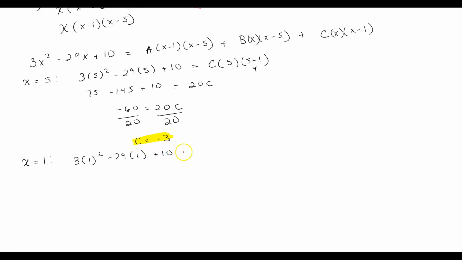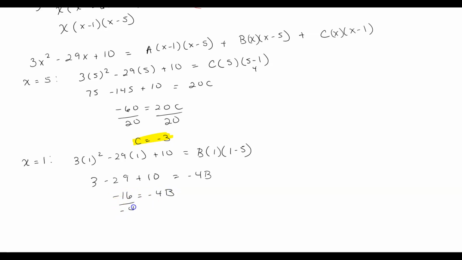All right, if we plug in 1, that's going to eliminate this here and this here. So we're just left with the b. All right, so we're going to say b times 1 minus 5. We have here 3 minus 29 plus 10 equals 1 times 1 minus 5, negative 4b. 3 minus 29, negative 26 plus 10, negative 16 equals negative 4b.